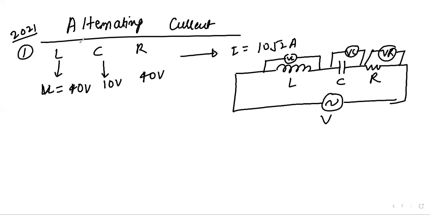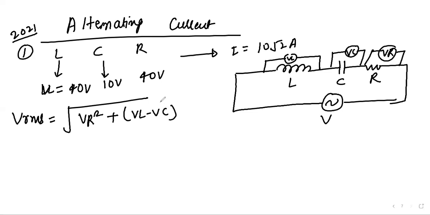So as we know, VRMS, the root mean square voltage, is calculated as the square root of VR square plus VL minus VC whole square. Now put the values. VR is given, that is 40.